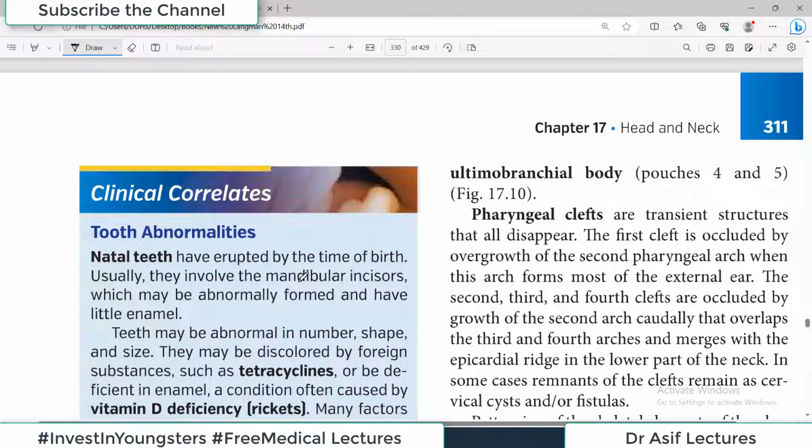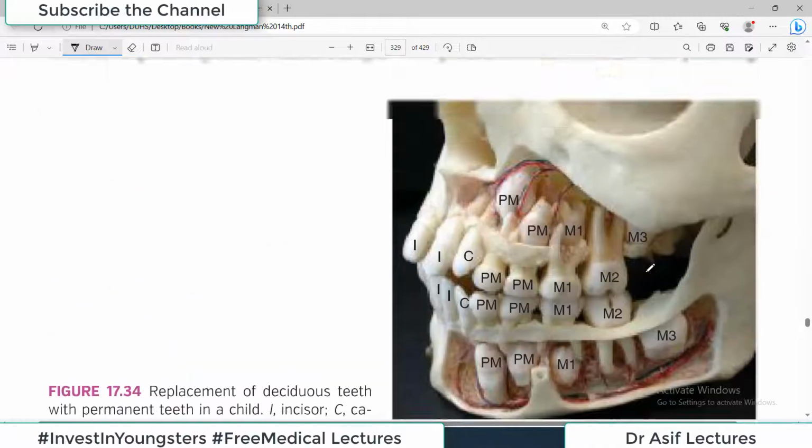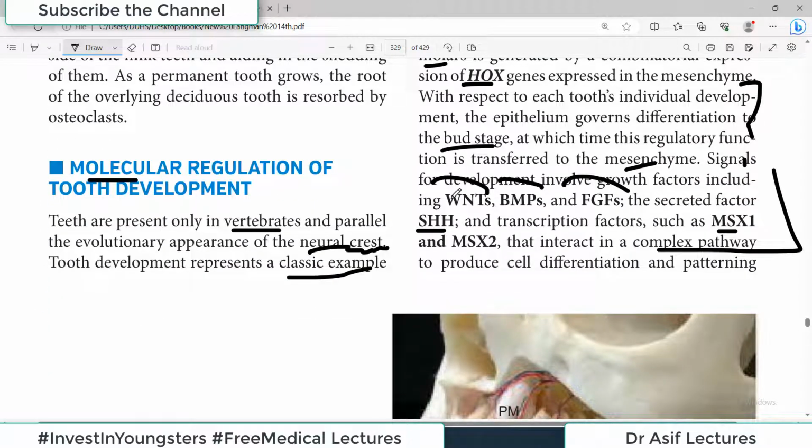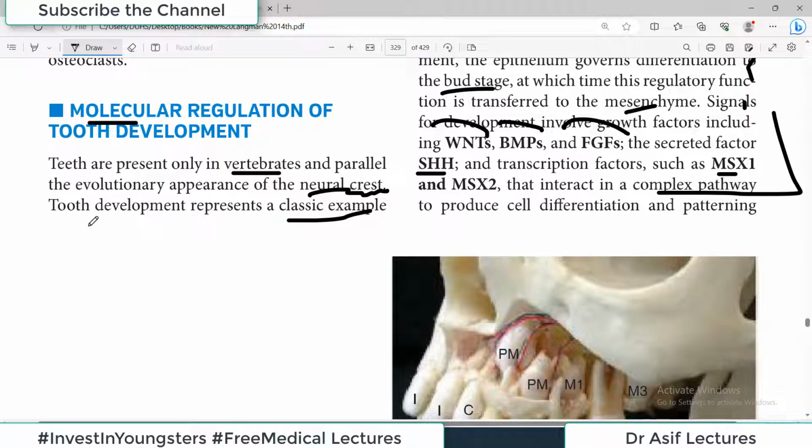In my personal opinion and experience, I think the explanation for development of teeth at the molecular level is obviously much more complex than what is written here. यहाँ तो सिर्फ है कि शायद ये जीन एक्सप्रेस होती है, ये जीन एक्सप्रेस होती है, शायद ऐसा होता है. But obviously इतना beautiful system है.